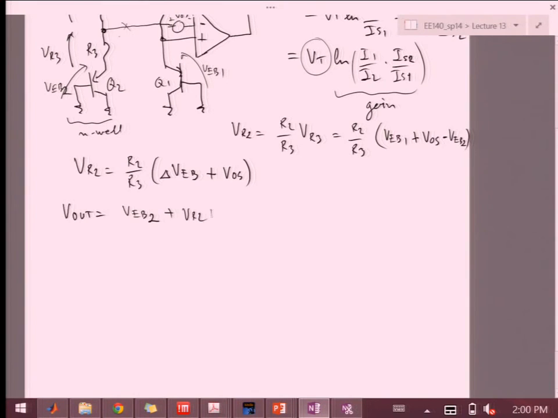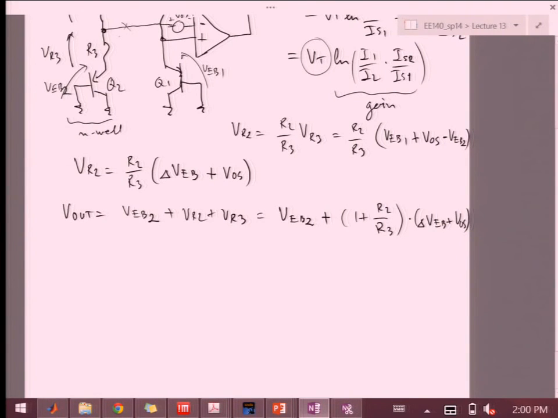Plus VR2 plus VR3. And since they're related with R2 over R3, I can just write VEB2 plus 1 plus R2 over R3 times this delta VEB plus VOS. Okay, so look at this beautiful expression.